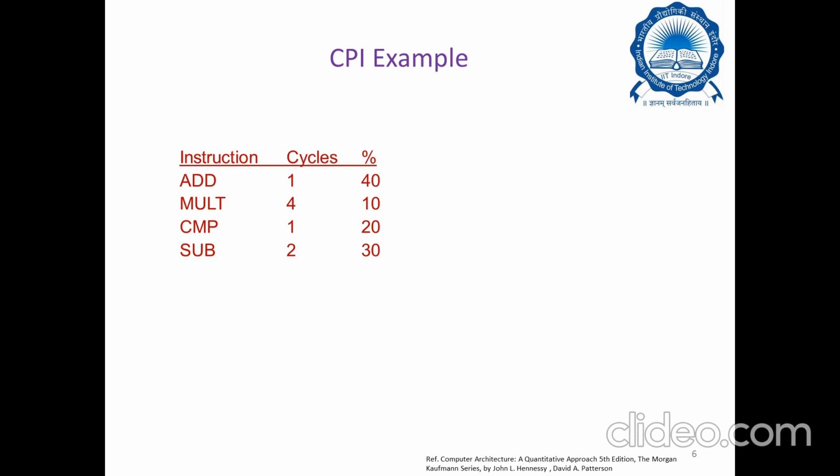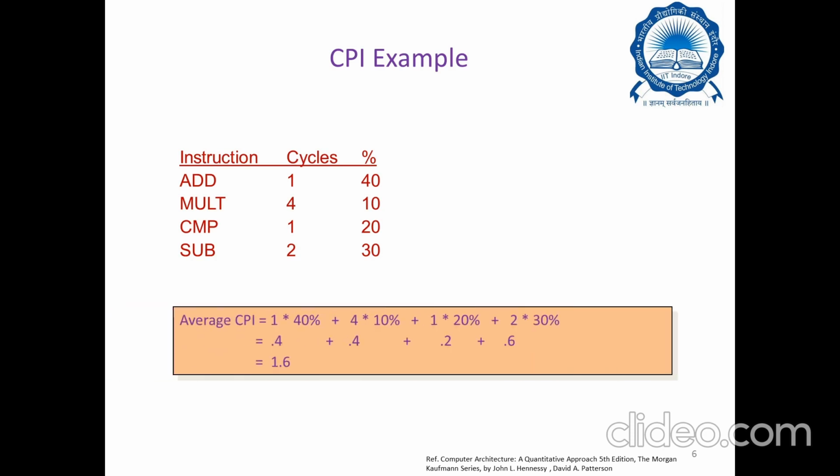That is how often that type of instruction occurs in a given program. Or for simplicity we can call that the number of that particular instruction type in a given program.